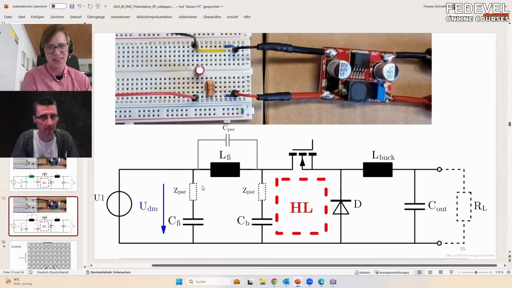Which means at high frequencies, and by high, I mean starting somewhere between 10 and 100 megahertz, depending on the components, you see only a capacitor and an inductor. Then you have this voltage divider by this capacitor and inductor, and it goes the other way around. So everything which you are filtering here with the normal components will then be reduced, and after a certain frequency again you have no filtering effect at all.